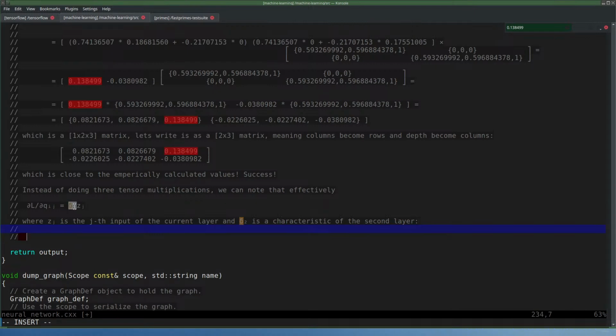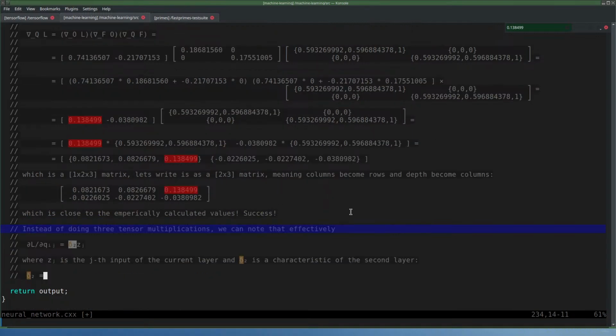Effectively, delta 2 was equal to the difference between the outputs of, oh boy, what are we talking about here?